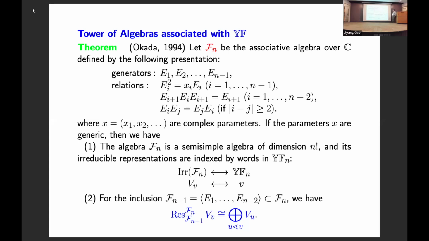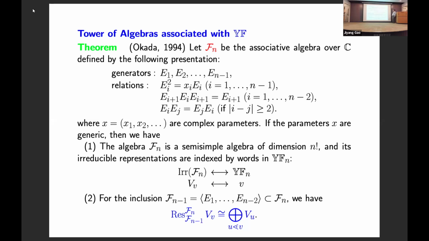So if the parameters xi are generic, then this algebra F_n is semisimple and has dimension n factorial, and its irreducible representations are indexed by the Fibonacci words in F_n. This means that Fibonacci words whose entry sum is equal to n.